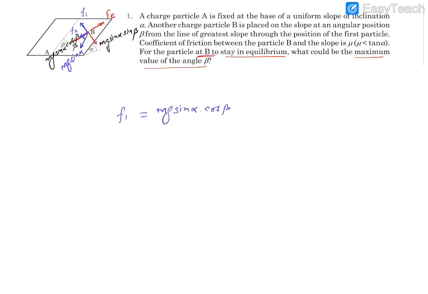Let me make a correction. This is sine beta, because this component has to be taken. So we want beta to be maximum, so this sine beta must be maximum.